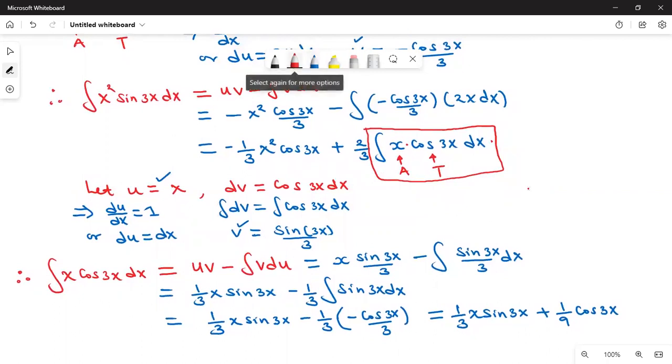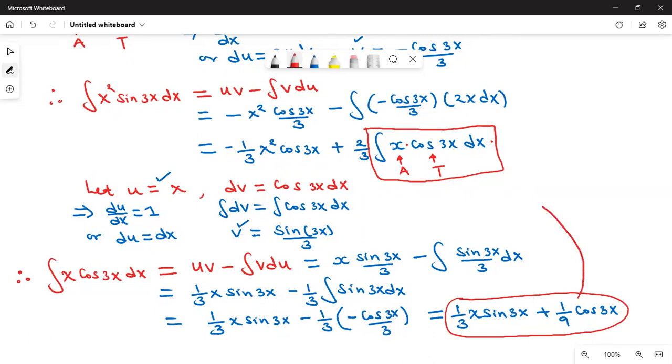See the answer we have found here, we take it back here to get the final answer in the original integral. So I'll rewrite the original integral. It means the answer we have found, we multiply by 2 over 3 to get our final answer.